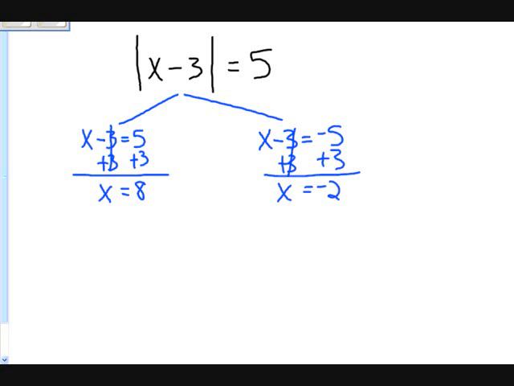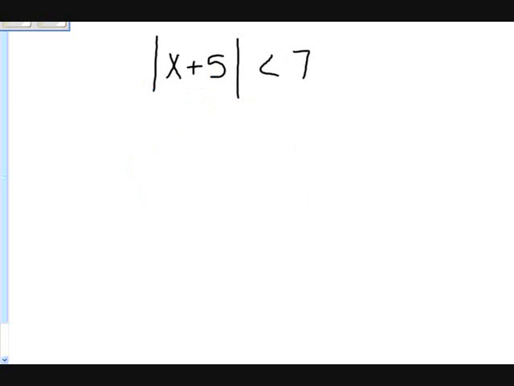All right, taking a look at an absolute value inequality. Now, the same rules are going to apply. We're still going to split this in order to get rid of the absolute value bars. We never change whatever's inside the absolute value bars, so we're going to have x plus 5 is less than 7.